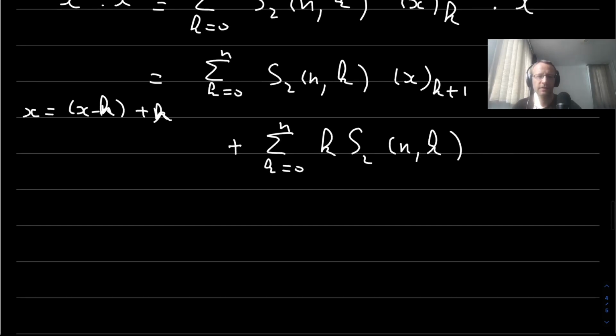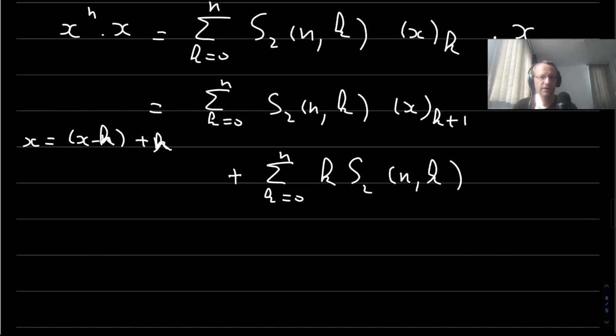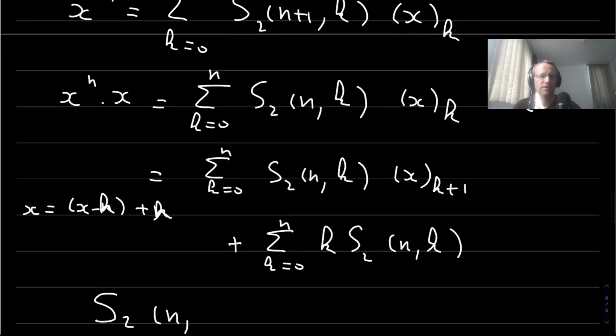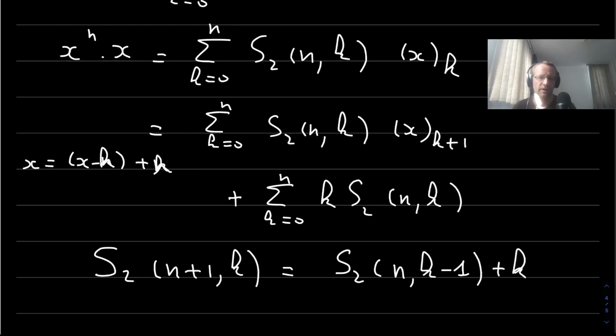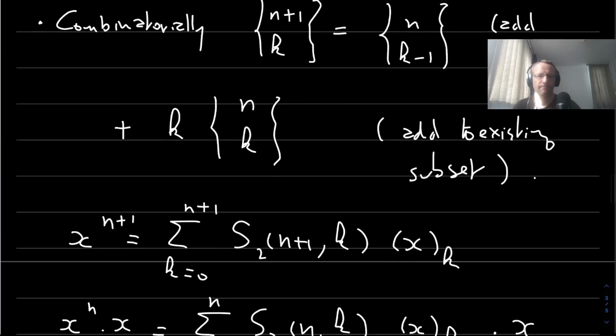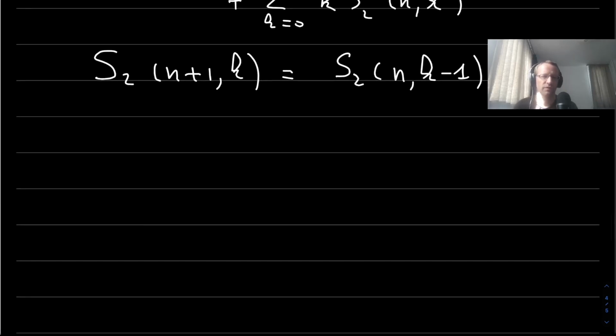And then again, shifting the summation over k and checking that everything is well at the ends of the range, which it is, with the proper definition of these numbers, one finds that S2(n+1,k) is S2(n,k-1) plus k S2(n,k), which is indeed the recursion relation that we had before using the combinatorial definition. This was using the polynomial definition.